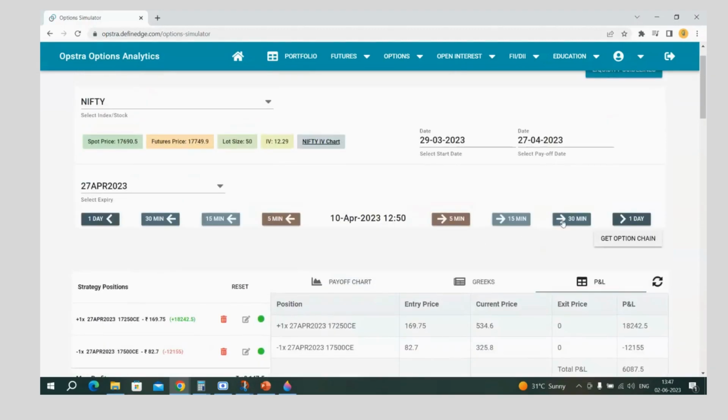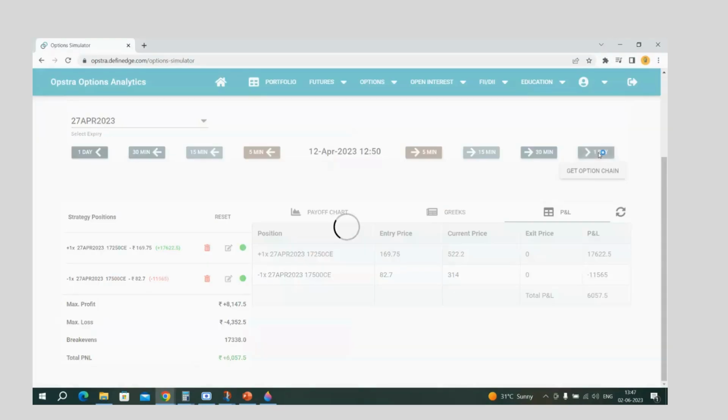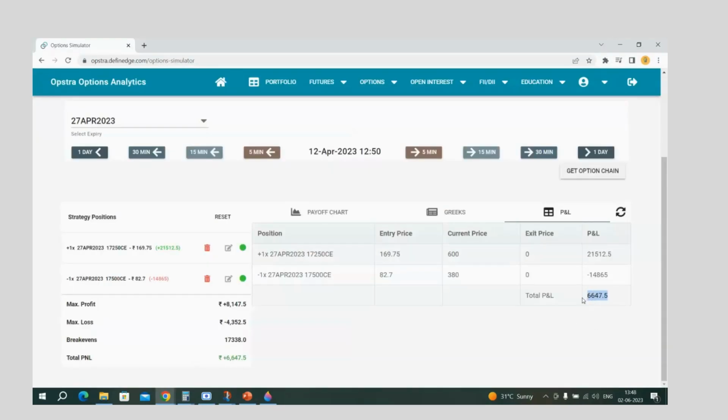This is not happening because of the low premiums. And if you see, we are in a good profit here already. Just one lot generally takes 30,000 or 20,000. You can keep a 40,000 margin for this, and considering that, we are already more than 10%.